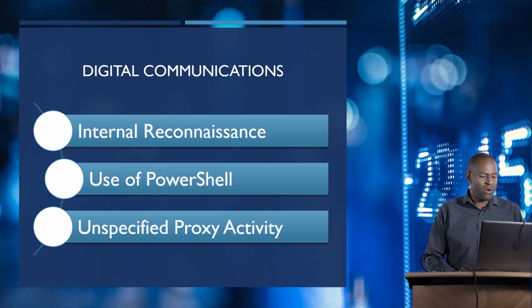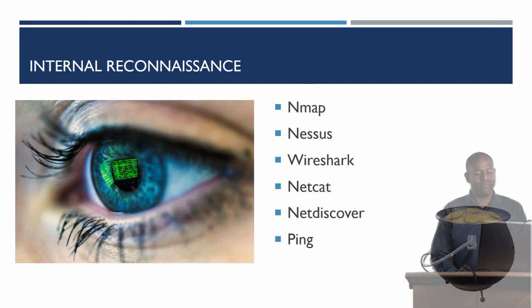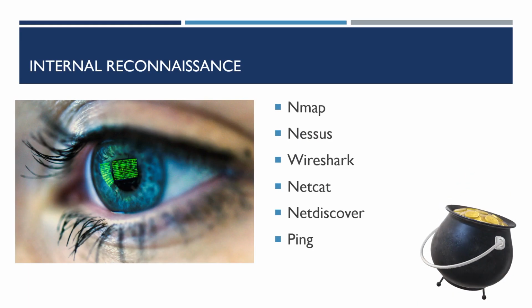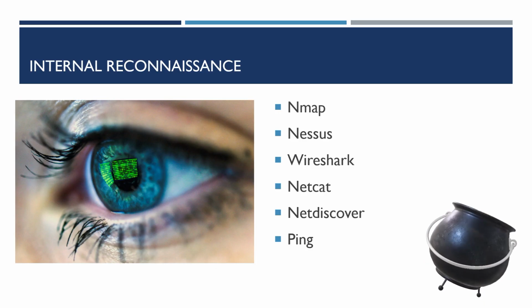So let's have a look at number 1, which is digital communications. In digital communications, we're going to look at internal reconnaissance, use of PowerShell, unspecified proxy activity. So let's have a look at that. The first thing we have is internal reconnaissance. And what people are looking for is the pot of gold.